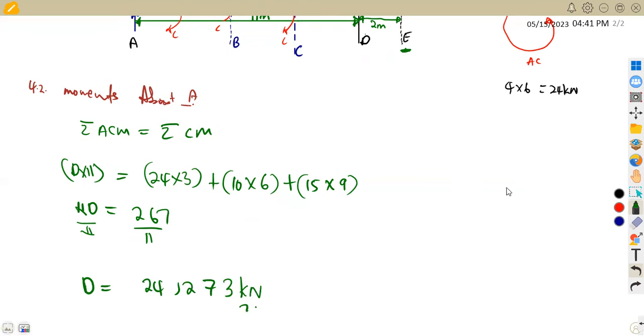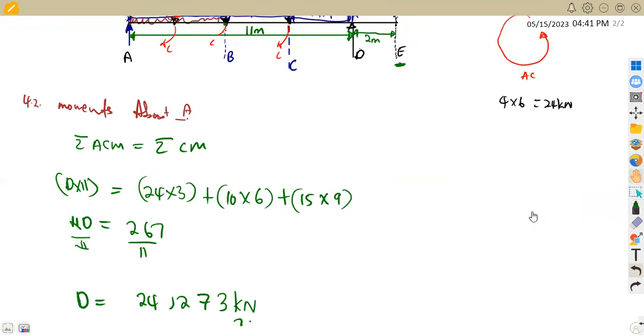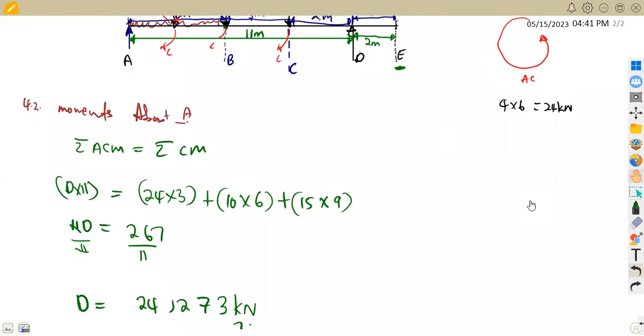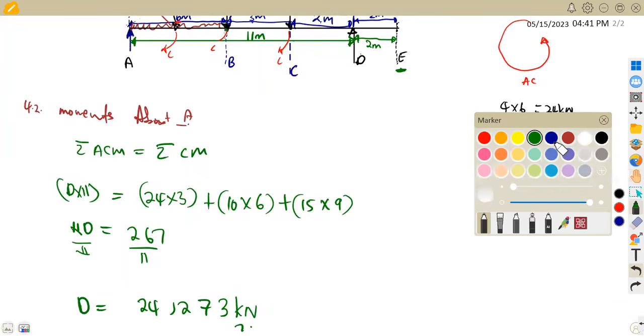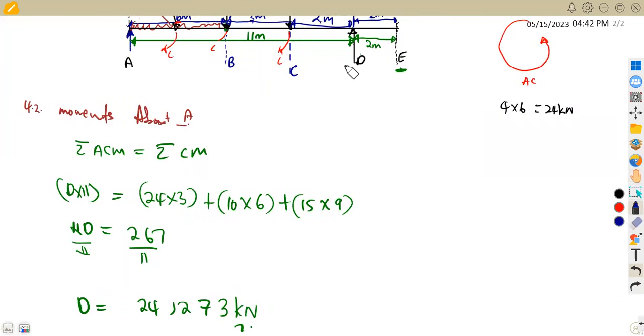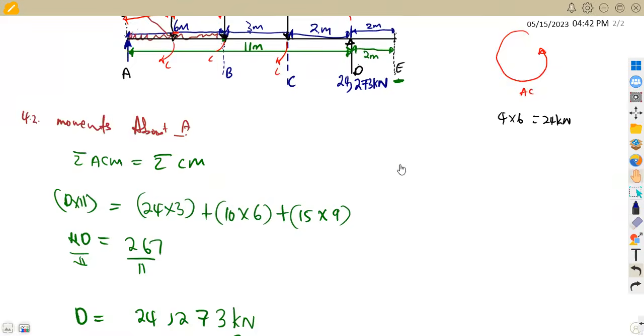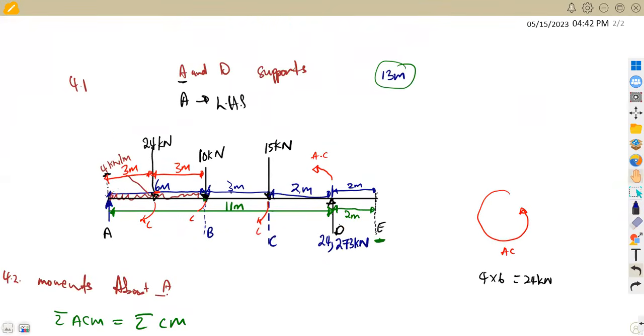Okay, so that's our force, the point load, the support that we have at D. So D is a support, and I'm just going to write here D is 24,273 kilonewton.